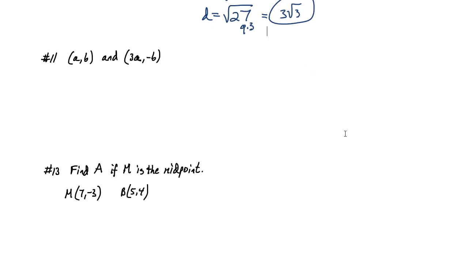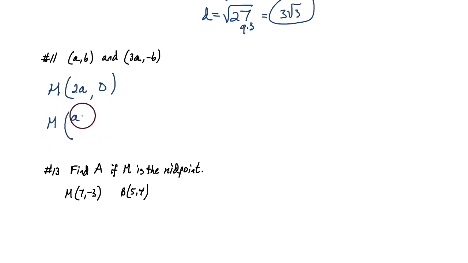Number 11, the same thing. Just because there's letters in there, don't let that stop you from finding the midpoint by averaging things. What's exactly halfway between an A and a 3A? That would be 2A. What's halfway between positive B and negative B? That's a 0. If you need to show the work, that's okay.